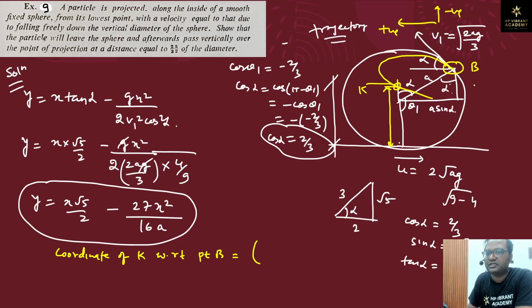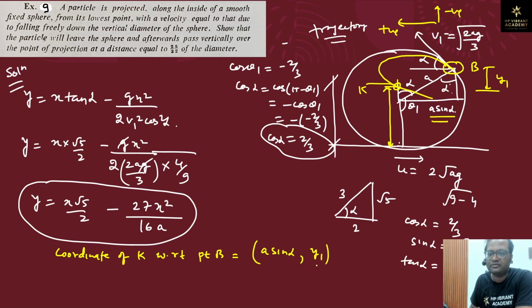So this point K is below this point B, so the y coordinate will be negative. The x coordinate is a sine alpha. So this particular point K is at a distance of a sine alpha from point B, which is positive, and this distance, let us consider it as y1, will be negative.